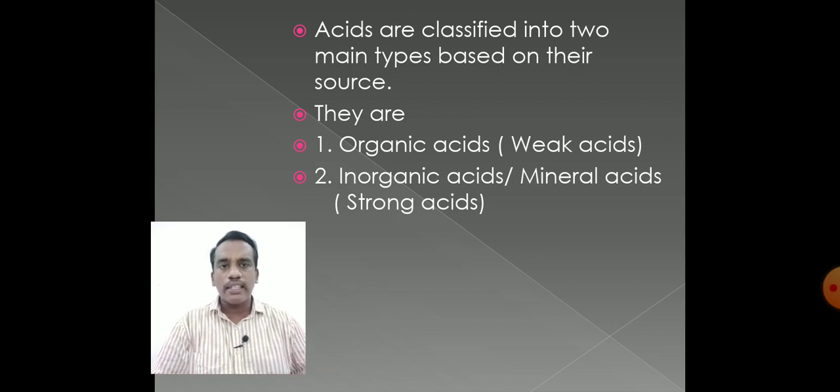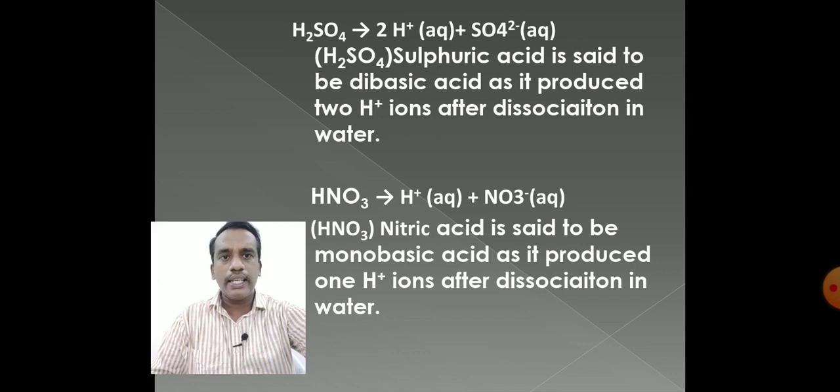Those acids that we have in our lab, like hydrochloric acid, sulfuric acid or nitric acid, had you observed that they had any carbon constituent in them? No, we hadn't seen any carbon constituent in the sulfuric acid or nitric acid.